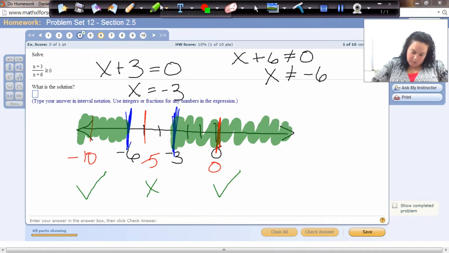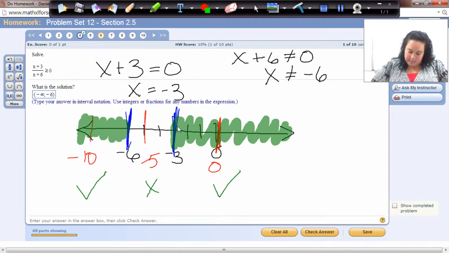So if we want to type that in interval notation, we would have from negative infinity all the way up to negative 6, and not including negative 6, because negative 6 is a point that x is not allowed to be.